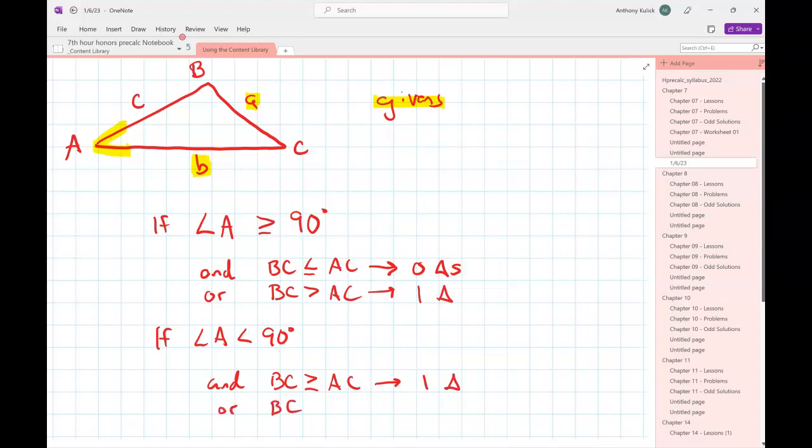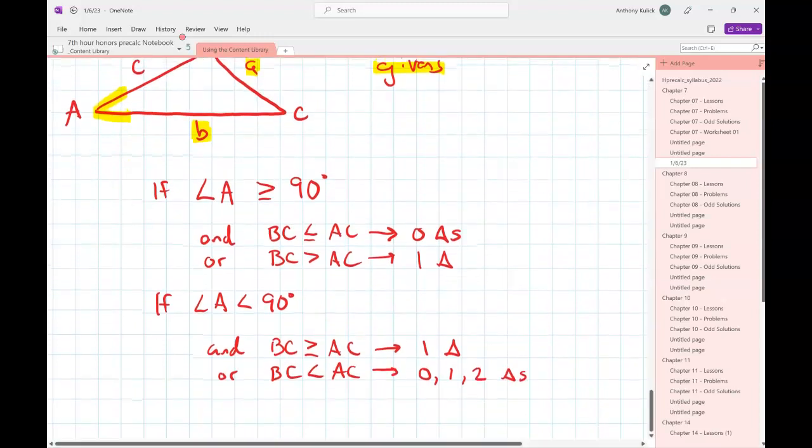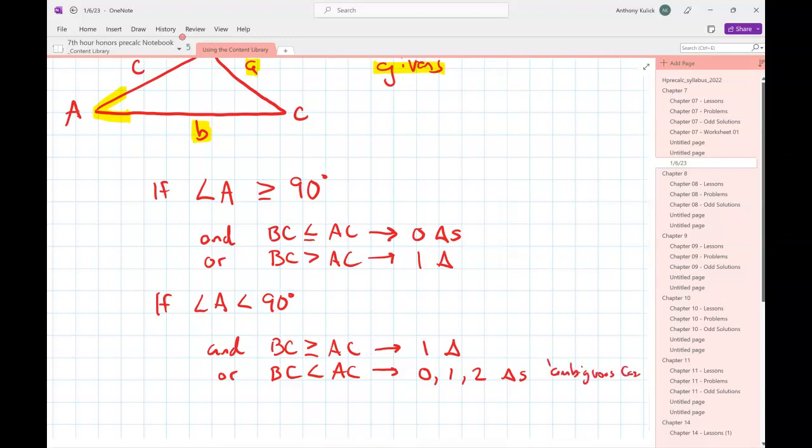If the side opposite angle A is the smaller of the two sides, this is specifically what we refer to as the ambiguous case, because just from looking at the measurements, we can't tell whether there's 0 triangles, 1 triangle, or 2 triangles.